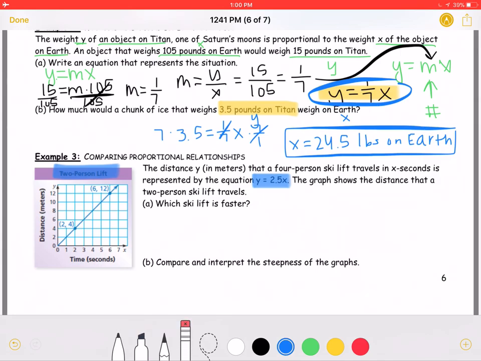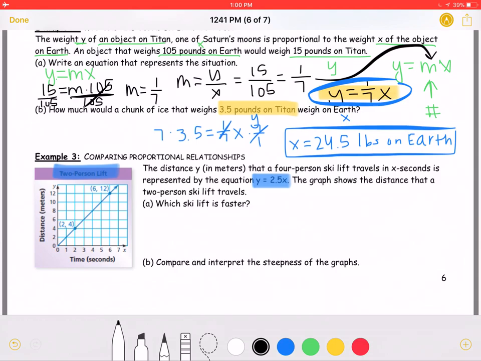So we're given a graph and an equation. We want to know which ski lift is faster. So guys, if we want to know the speed, okay, look at our x as time to distance. Speed is always our distance over our time, which is our slope. So to figure out which is faster, we need to compare these two slopes.